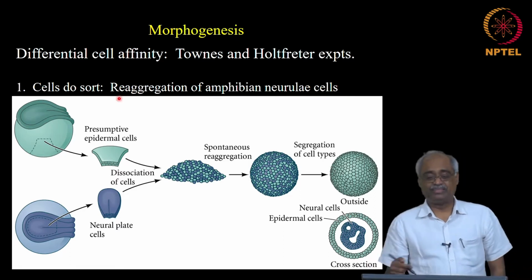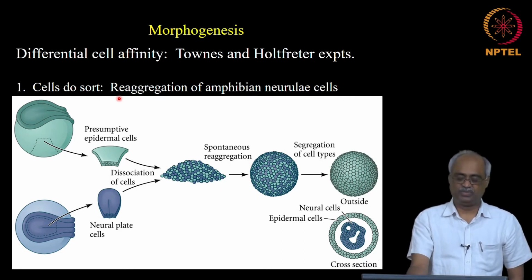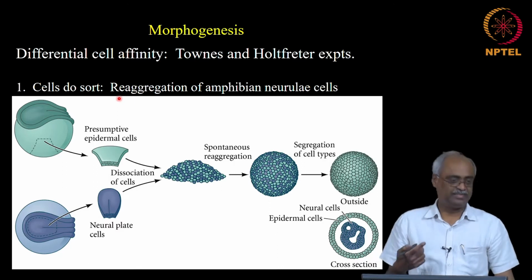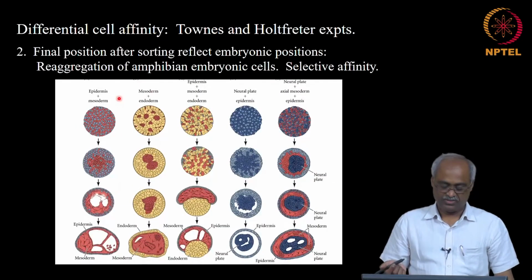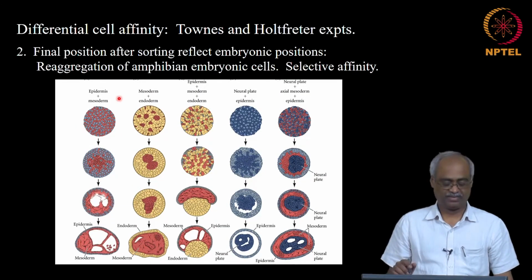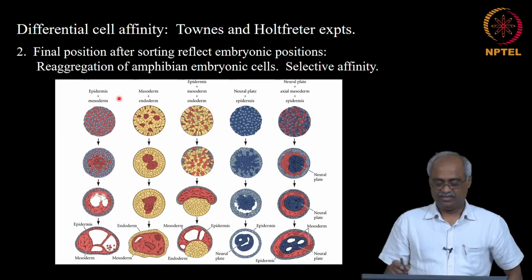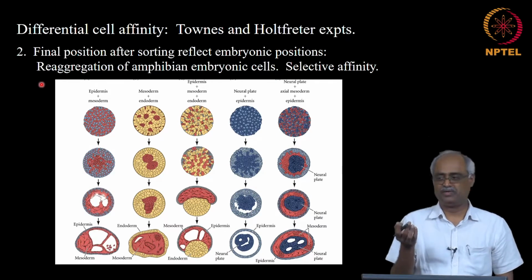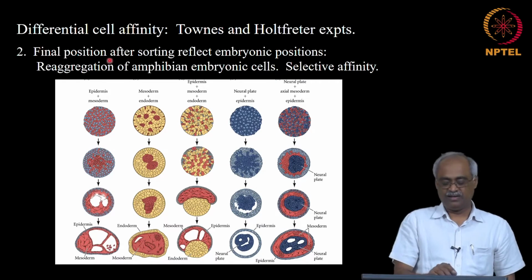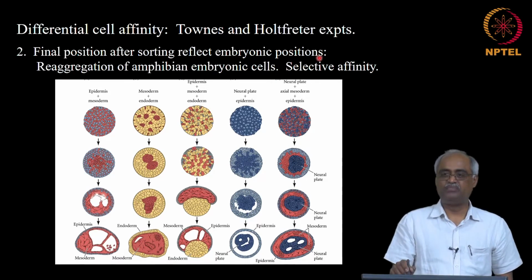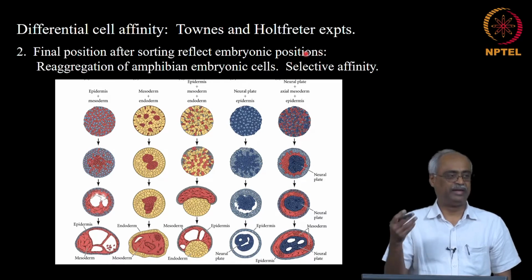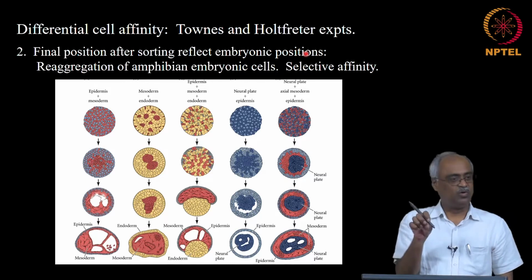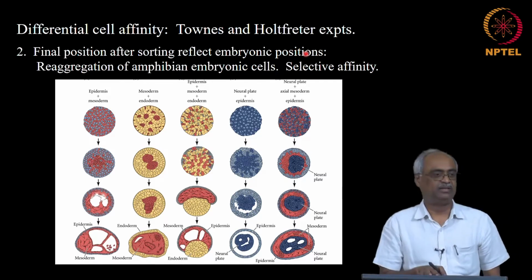This is the very first early experiment. Then they tried with the different germ layers and saw what happens. This is a summary of those experiments. First, cells do sort; they do not remain random. Final positions after sorting reflect embryonic positions, the places in the natural embryo where a particular kind of cell will go, and that is where they go even in this in vitro condition.